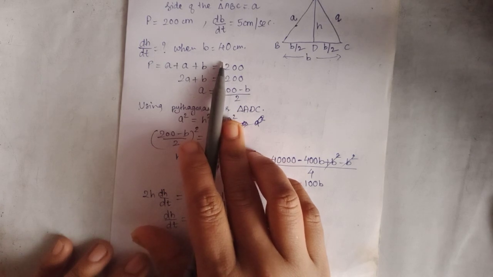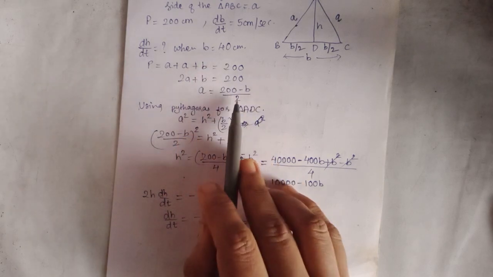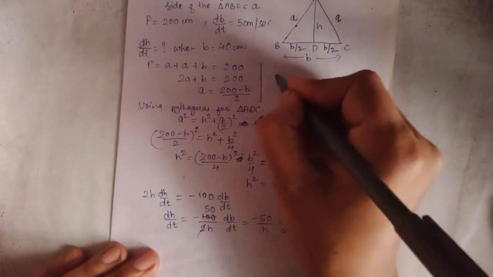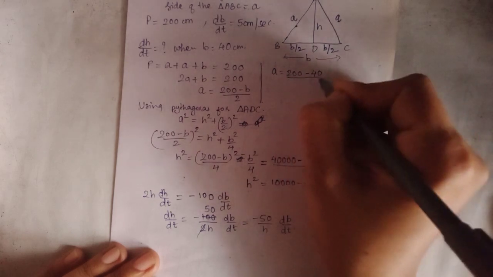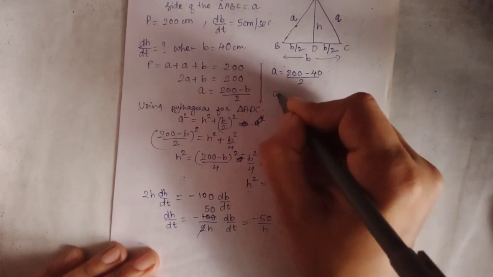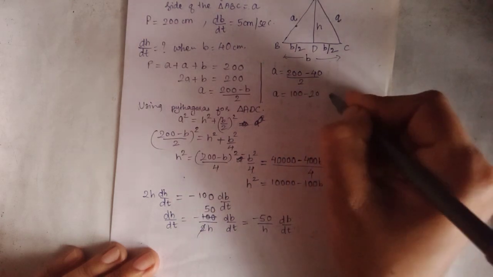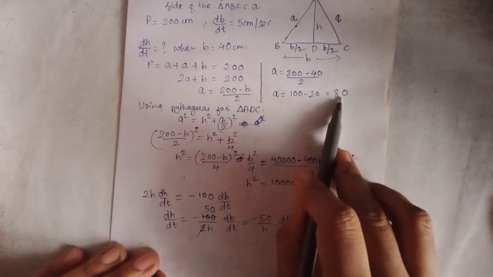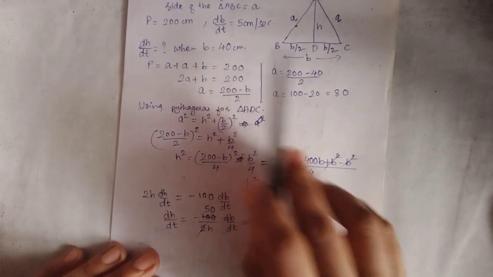Okay, so if I put this b here, I'll get the value of a, right? So a equal to (200 minus 40) upon 2. So this is 100 minus 20, which is 80. So we have this information, that is when b is 40, a is 80.